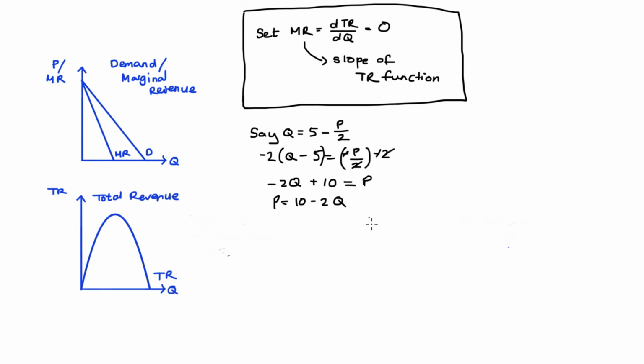Now to find our marginal revenue function, we need to take the derivative of our total revenue function with respect to Q. So I'm going to need to find our total revenue function.